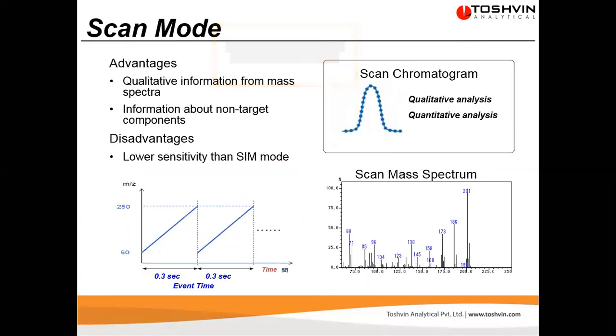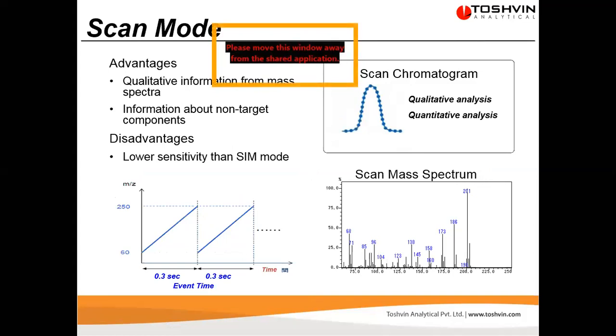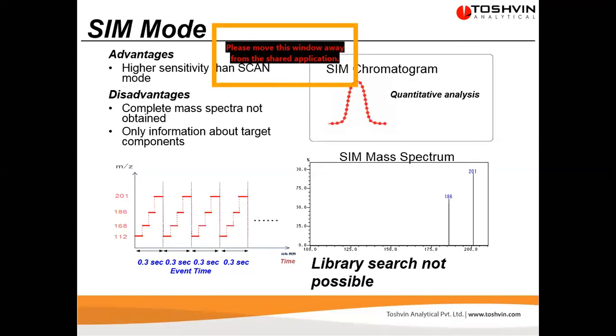In scan, it gives you the whole mass pattern, and then you can compare it with the library. So you will get possible compounds matching the pattern of your mass spectra. So always remember, don't do library search for SIM mass spectra.